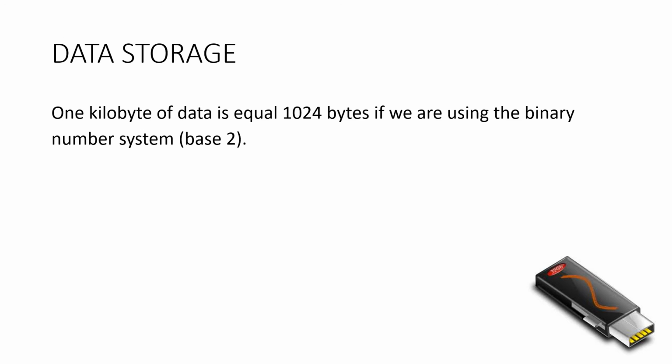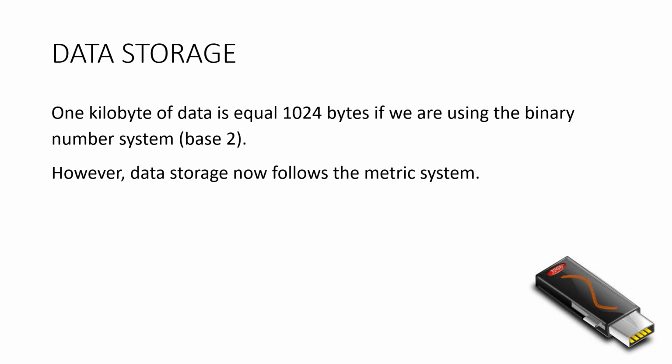A relatively new measurement system is data storage, but you're probably quite familiar with it. Now, 1 kilobyte of data is actually equal to 1,024 bytes if we are using the binary number system, which is base 2, and computers do use that number system. But fortunately for us, data storage now follows the metric system.